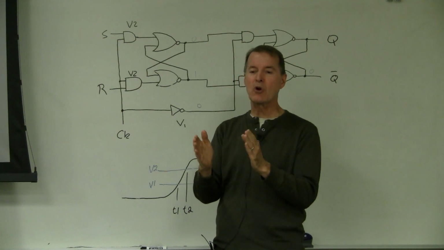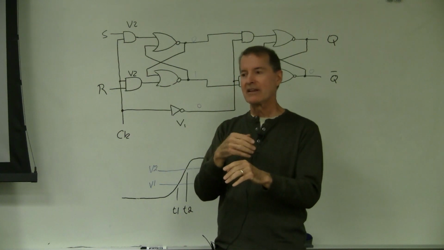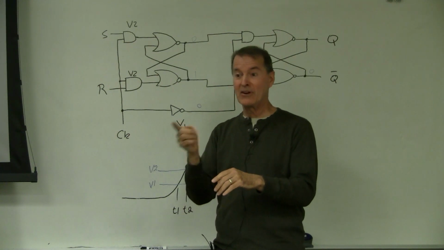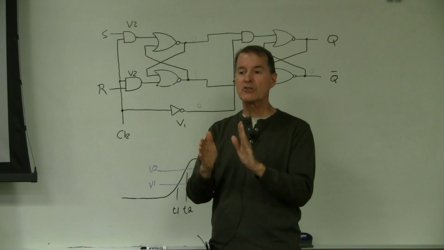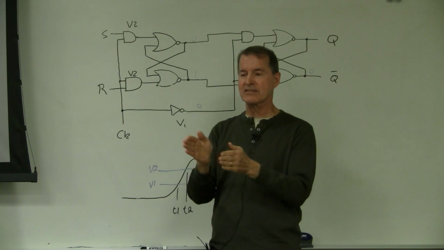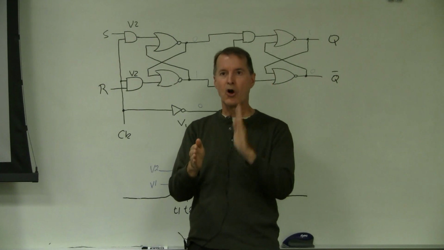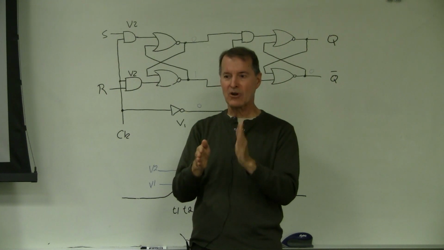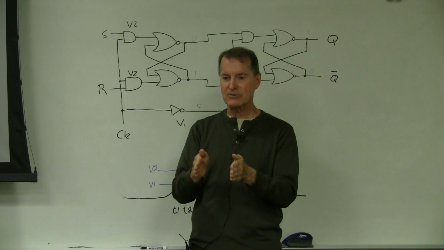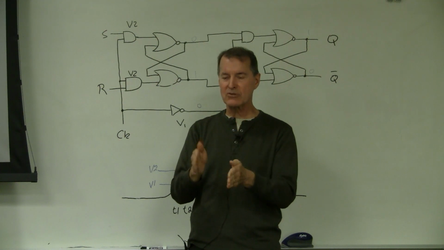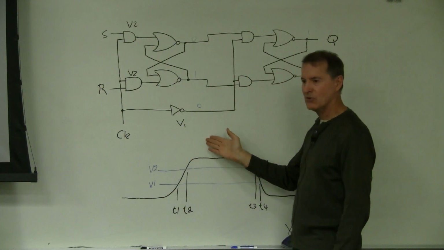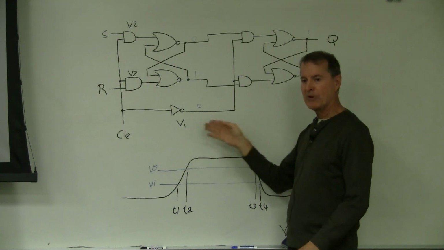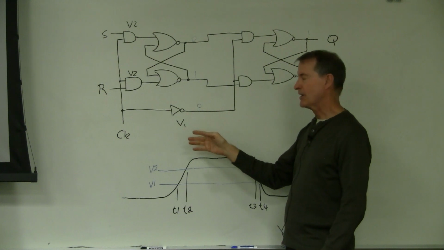Now, what would happen if you opened both doors at the same time? Well, the air would get through. So what you do is open and then close, and then open and then close. And that prevents the air from getting through. So that's exactly what this is doing. Are you with me?